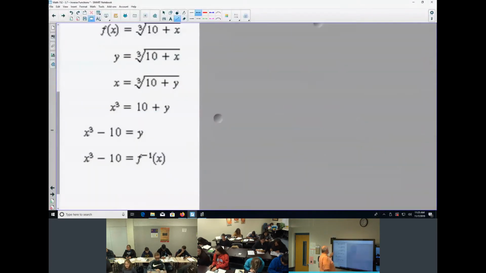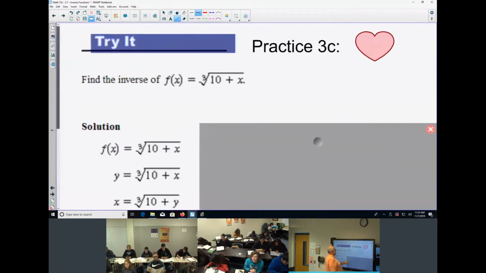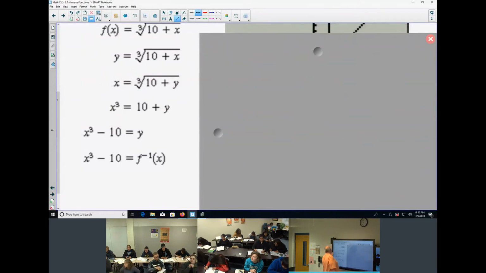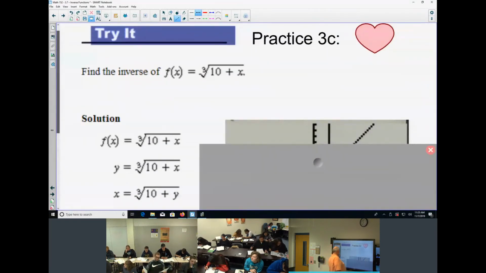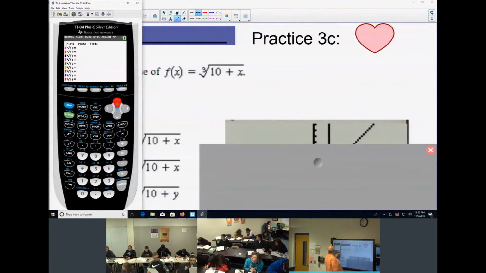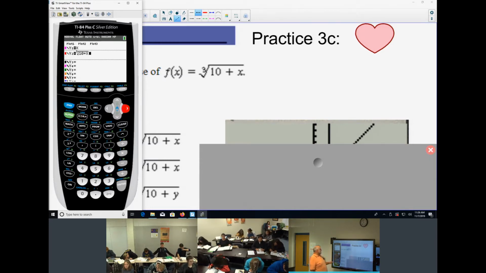So we're going to put in y equals x for the first one. Then to do cube root, it's under the math menu. So math and cube root is number 4. So math 4, and then 10 plus x, and then you arrow out of that.